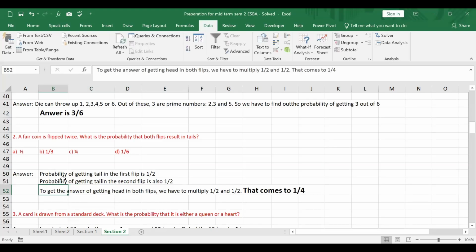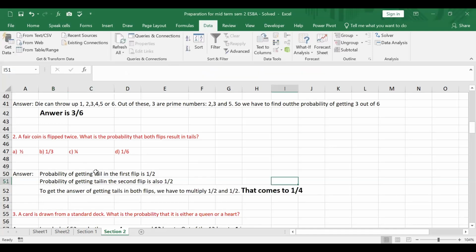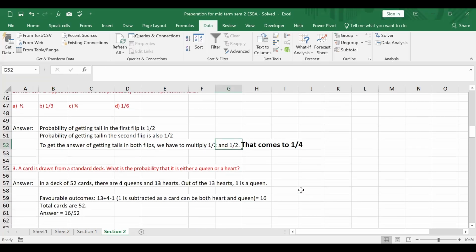The answer is the same whether you are talking about head or tail. And whenever I say I want this and this, it is not this or this. So whenever 'and' is there, you have to multiply the probabilities. So 1 by 2 times 1 by 2 comes to 1 by 4.